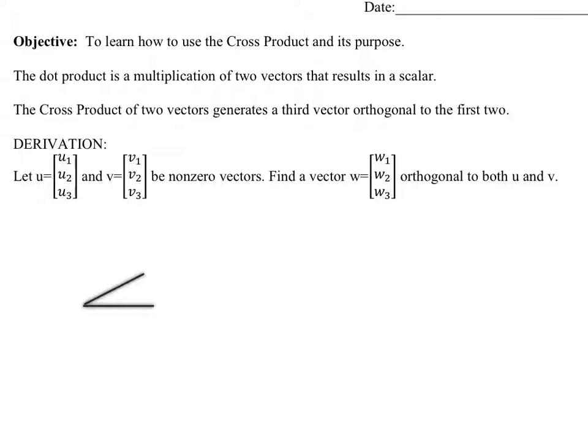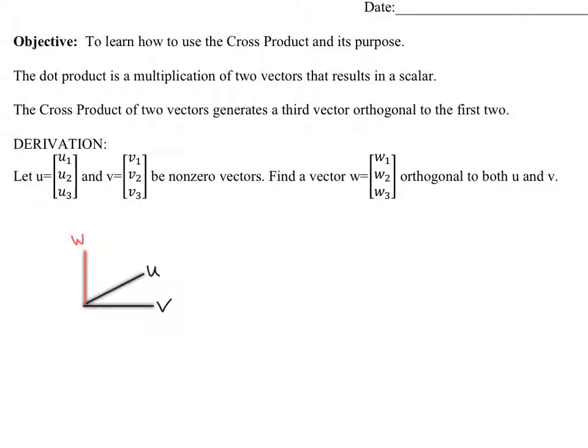I think I can handle that. Look at that, it's like it was giving me a little tip. How do we do that? All right, so we have vectors u and v, and then we have the orthogonal vector, which would be w.